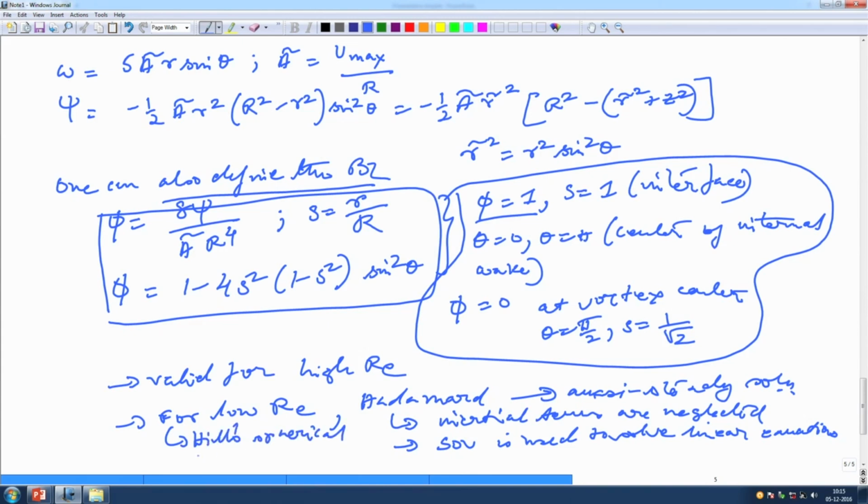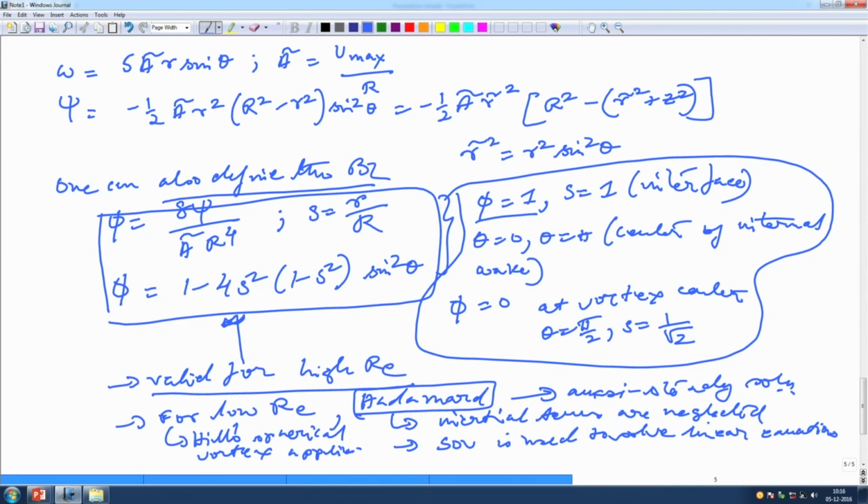The spherical vortex applies, though the external flow solution is very different in those cases. So, for the high Reynolds number case you have this solution. For the low Reynolds number case, what we have not covered is that Hadamard gave a solution which essentially uses the same Hill spherical vortex, but neglecting the inertial terms.